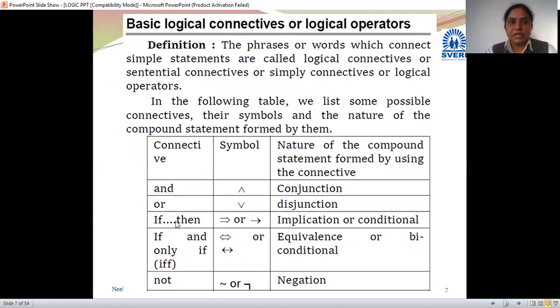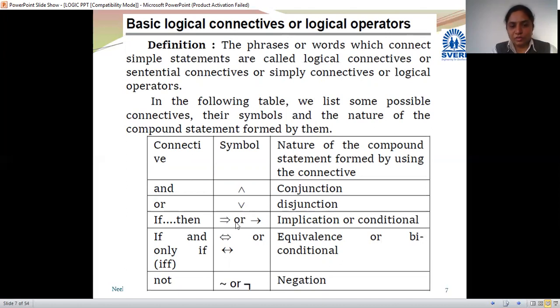Next, basic logical connectives or logical operators. This is the AND operator, which connects two statements. It is also called conjunction. OR is this symbol, which is disjunction. The if-then statement has this notation, a double arrow or a single arrow.